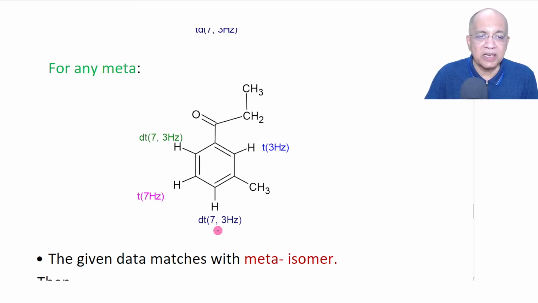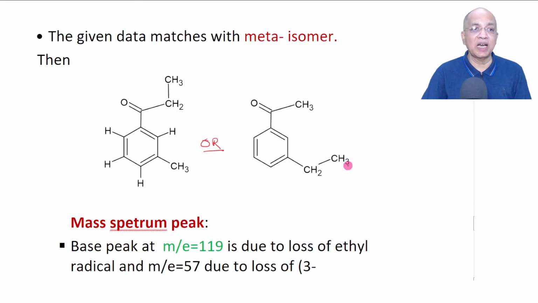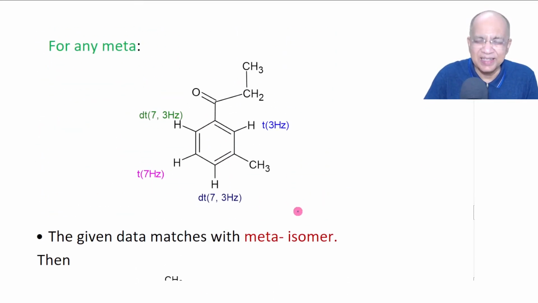And this one like this will be again a DT, J3 coupled with 7 Hz and J4 coupled meta coupling 3 Hz at their respective positions. So we can assign their data from the given ppm value. The question arises before assigning the ppm values.